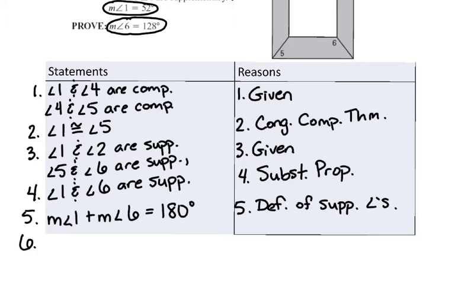Let's say up here that we already stated measurement of angle 1 is equal to 52 degrees. There, that way we don't have to state it over again. So let's substitute 52 degrees in for angle 1. And then that was just the substitution property.